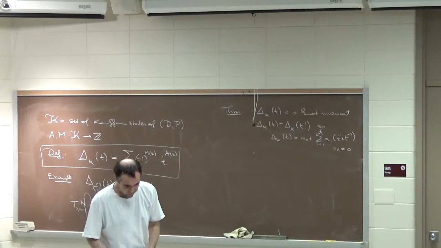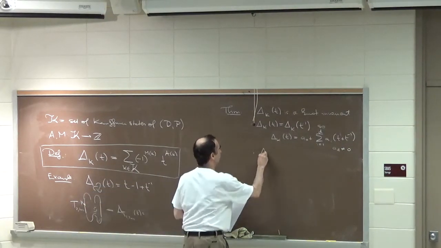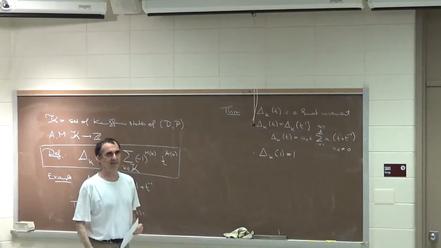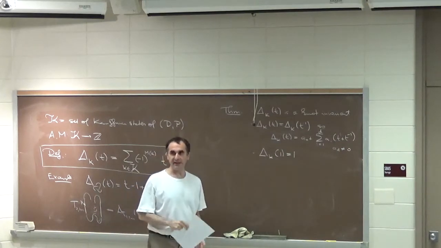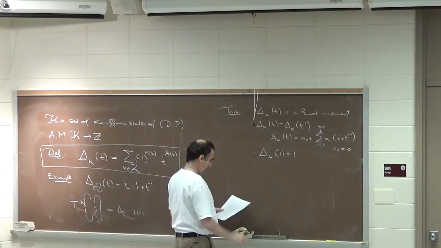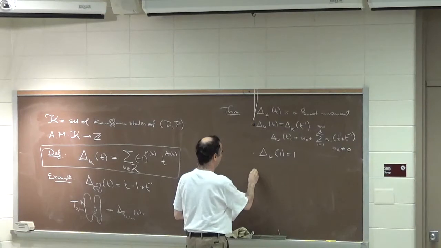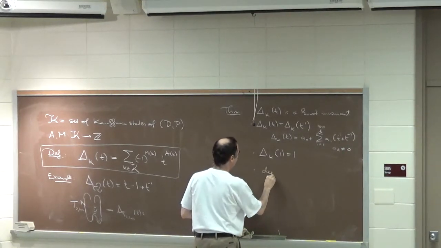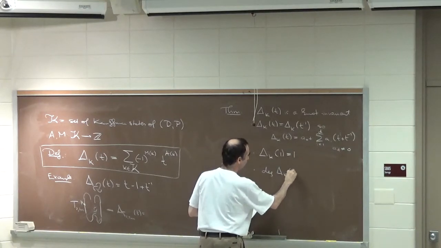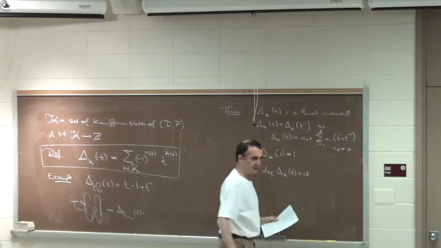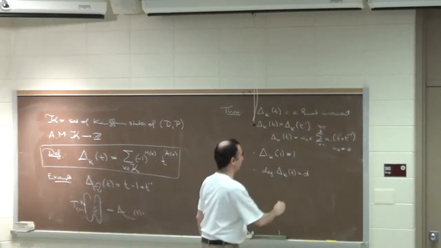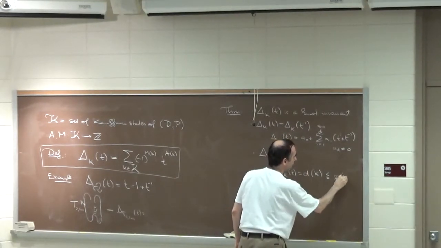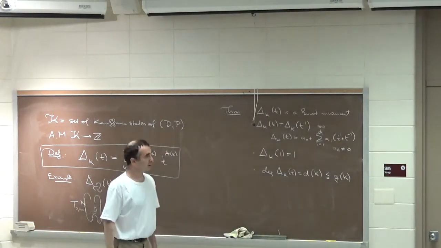The first one is a simple technical property: when you evaluate the Alexander polynomial at 1, you will always get 1. And here are the relations with the defined invariants. The degree of the Alexander polynomial, which is just this number d, which I will abbreviate by d_K, is always less than or equal to the genus of the knot.